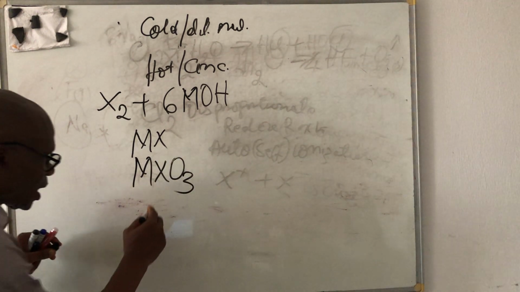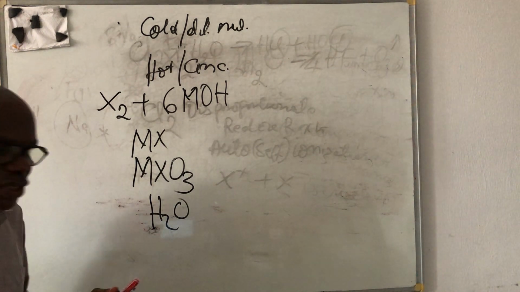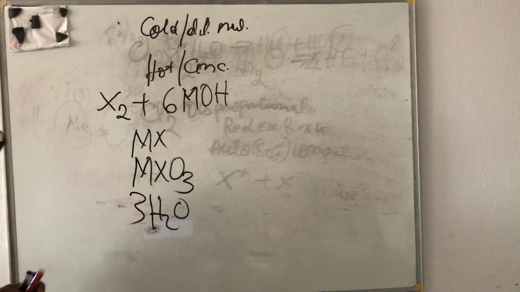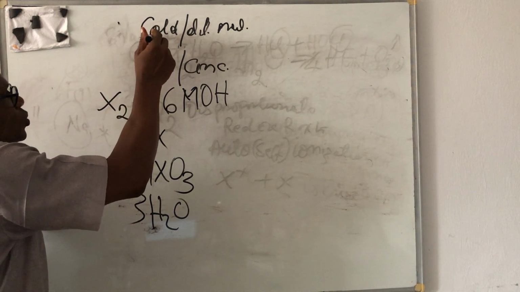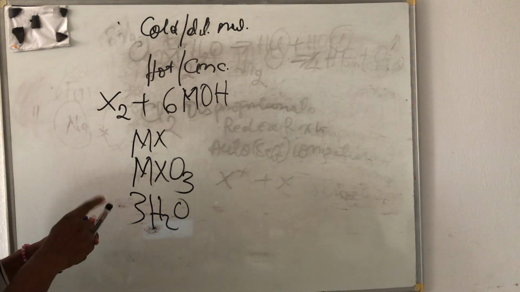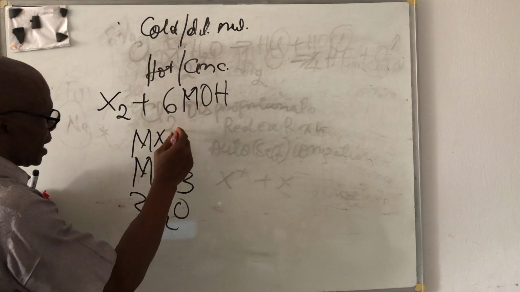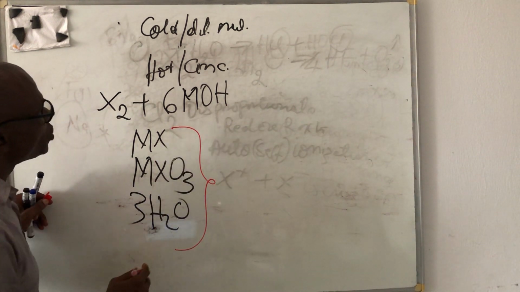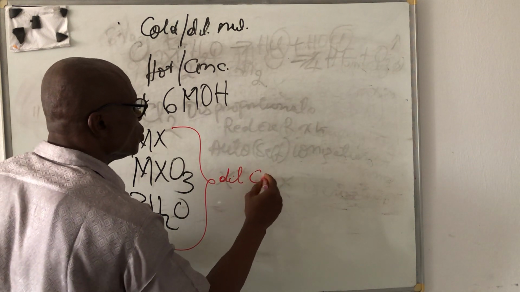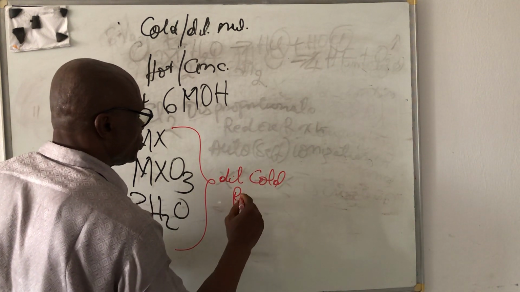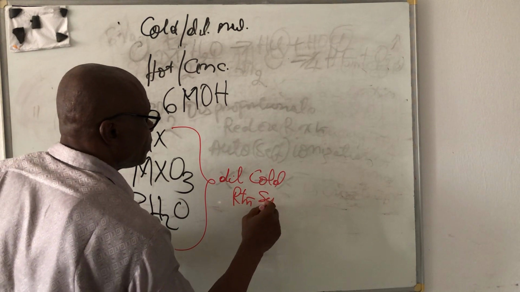Then water will be formed. And you can balance the equation conventionally. You realize that this will be the product of this reaction in a dilute cold reaction system.